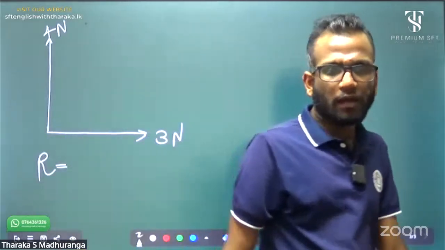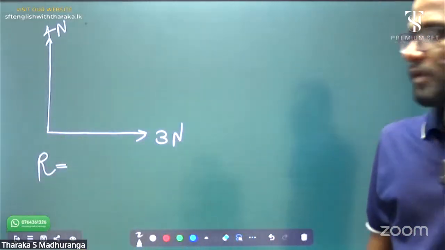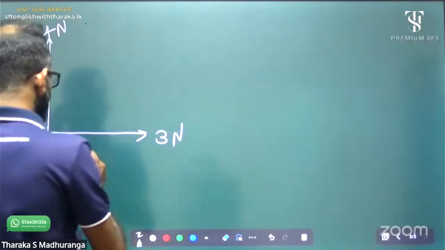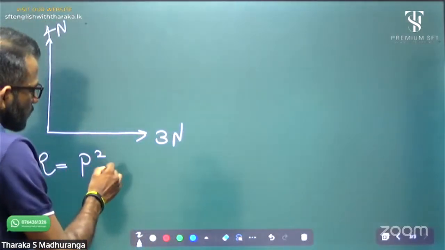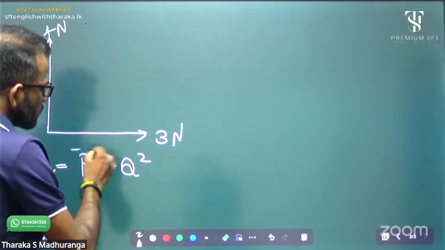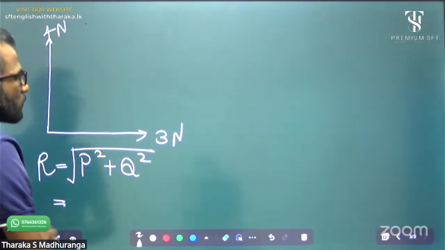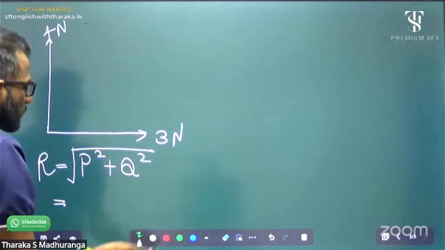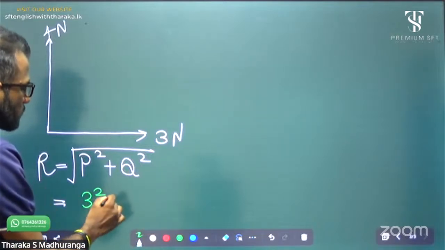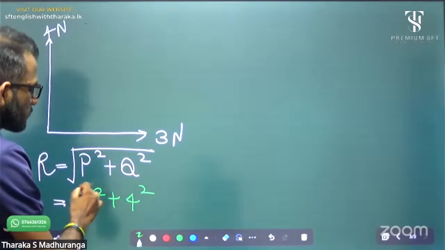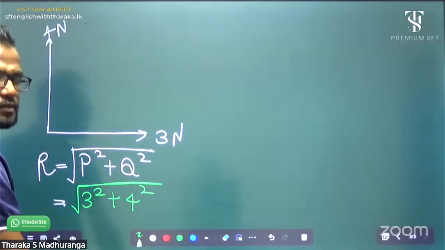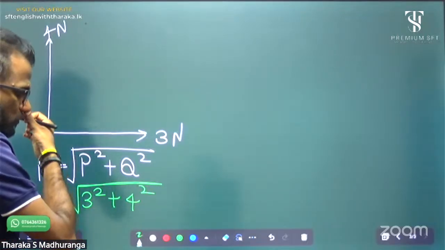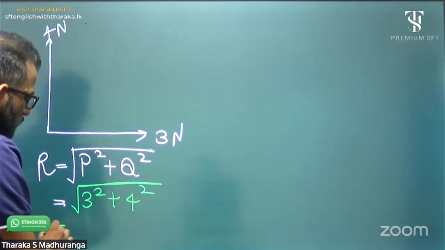Yes. What is the equation? The square root of P squared plus Q squared. You can select any one for P. So, the square root of 3 squared plus 4 squared.